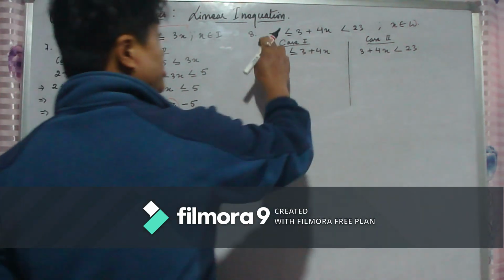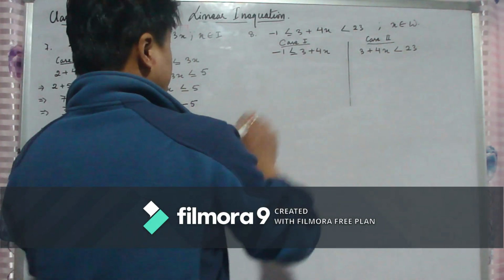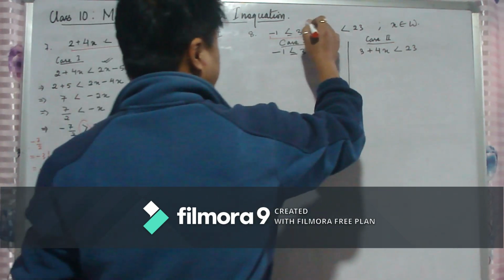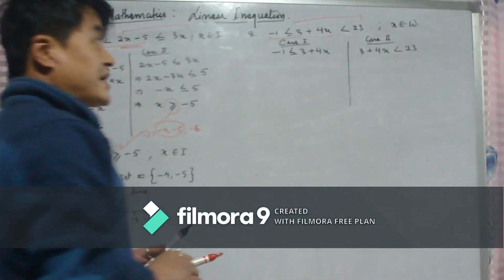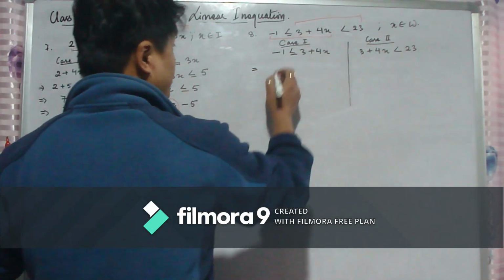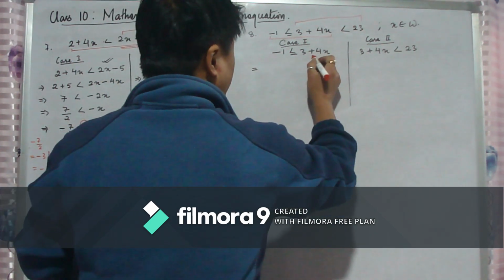Here also we have the three terms. I have already made this the first case and this the second case. In case 1 we will write this, so here again we have to bring the x this side.